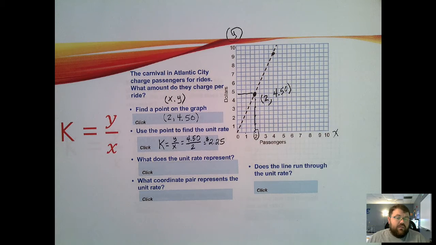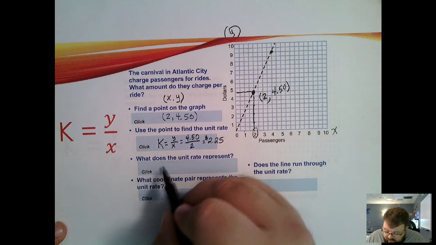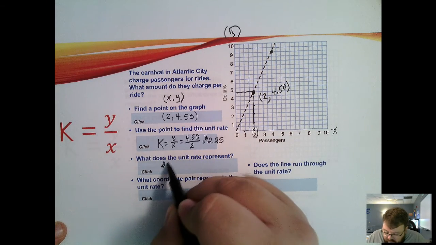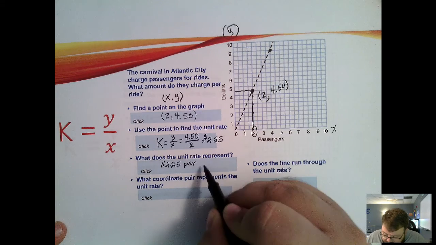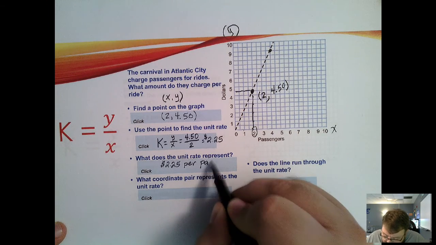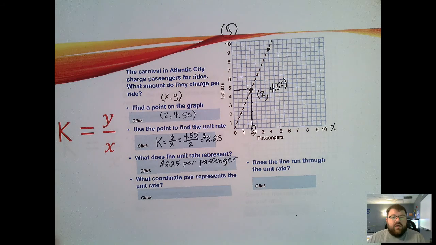We have a unit rate of $2.25 per passenger. Okay? Per passenger. You should think of the number 1 when you hear the word per.